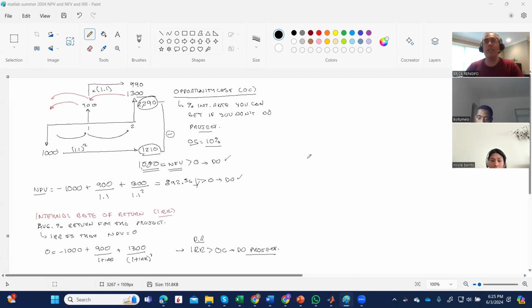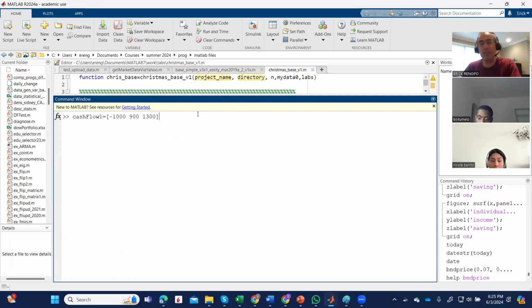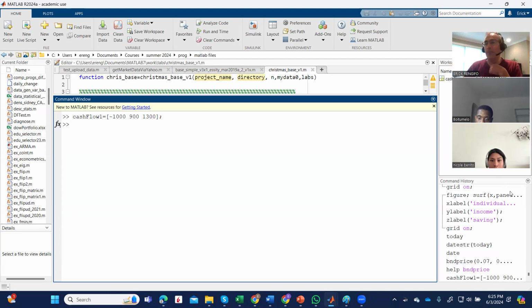Okay, so let's do this in MATLAB. This is my cash flow, everyone understands, simply negative 1,000, 900 and 1,300. Now I can compute the net present value. We can do, for example, NPV cash flow 1. The MATLAB command, guys, is pvvar, present value variable.